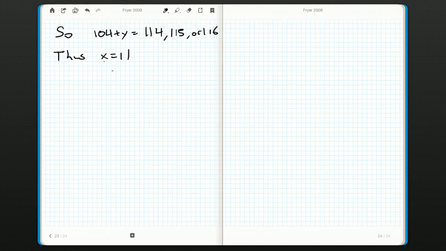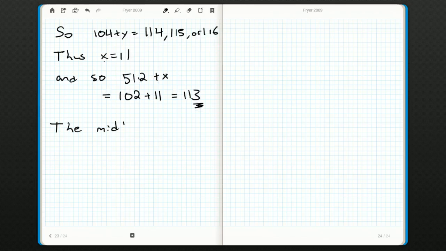So our carryover for X is exactly 11. And that allows us to complete the calculation, figure out exactly what the middle digit is, and we get a middle digit of 3.